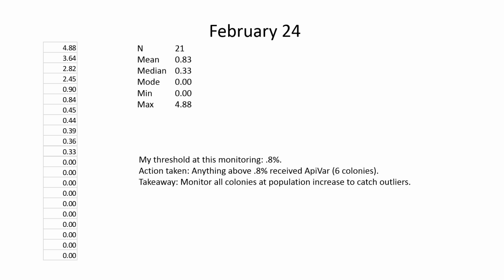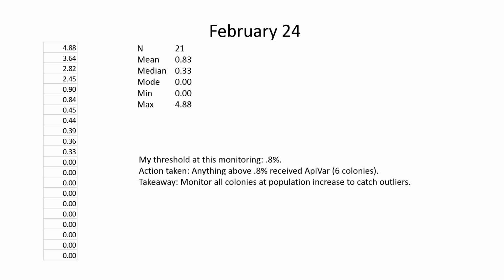So my takeaway from that monitoring in February was monitor all your colonies and catch those outliers. I know that a lot of beekeepers, if they monitor, they don't monitor until they get to August, September, October.